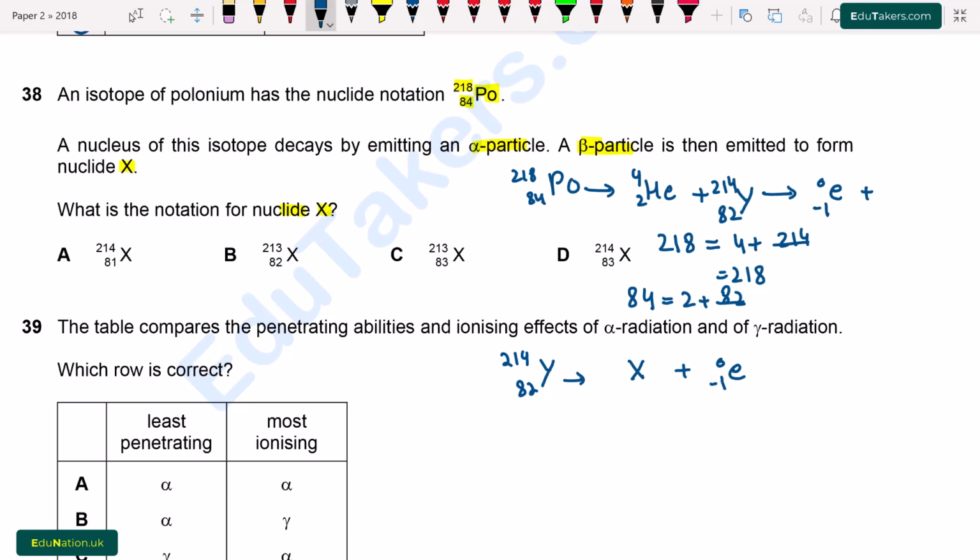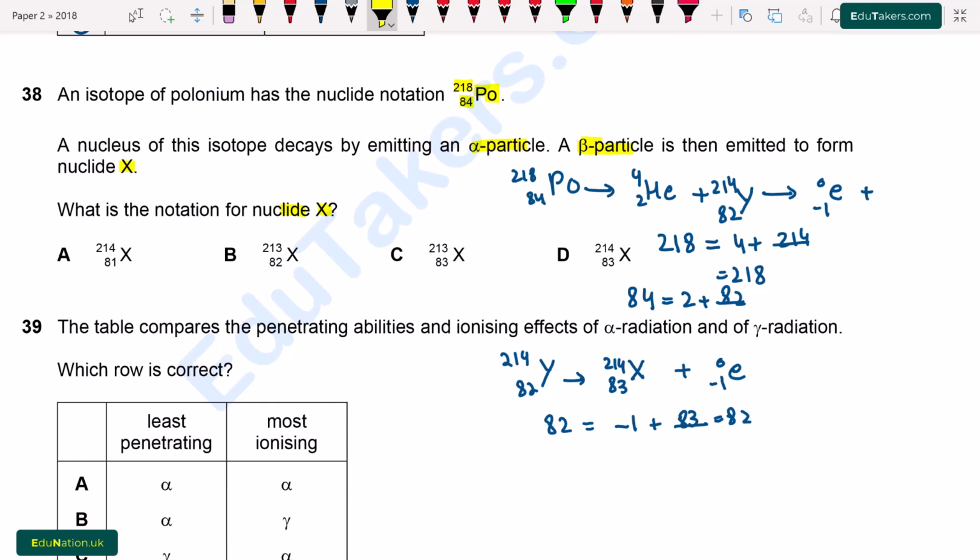As the mass number of the electron is 0, the mass number of X will be the same as that of Y, so here will be 214. The atomic number on the left hand side is 82 and here is -1, so here will be 83. So that it is also equal to 82. I write here 83.